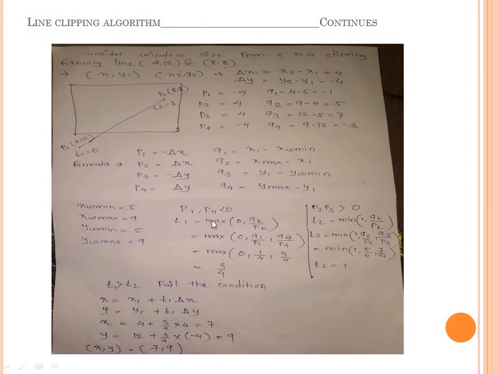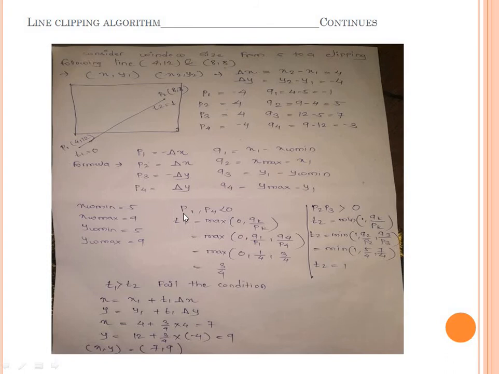Okay, then here we check whether pi is less than 0. Here P1 and P4, that is minus 4 and minus 4, are less than 0, and P2 and P3 are greater than 0.